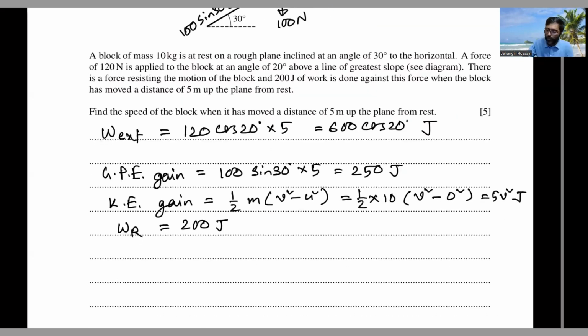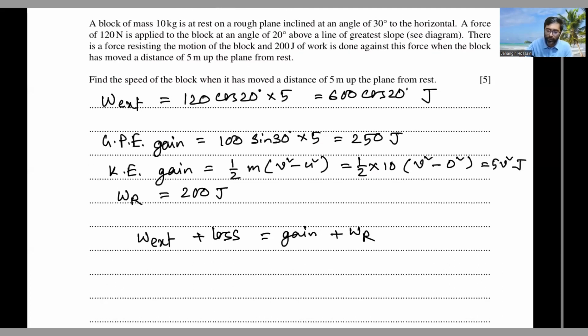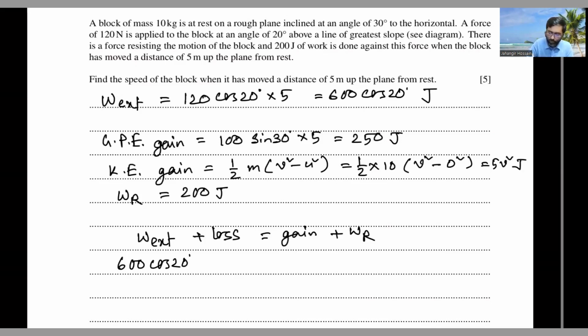Now, if you equate, the work energy principle: work by external force plus loss of any form equal to gain plus work against resistance. Work by external force here is 600 cos 20. There is no loss of energy, so 0.